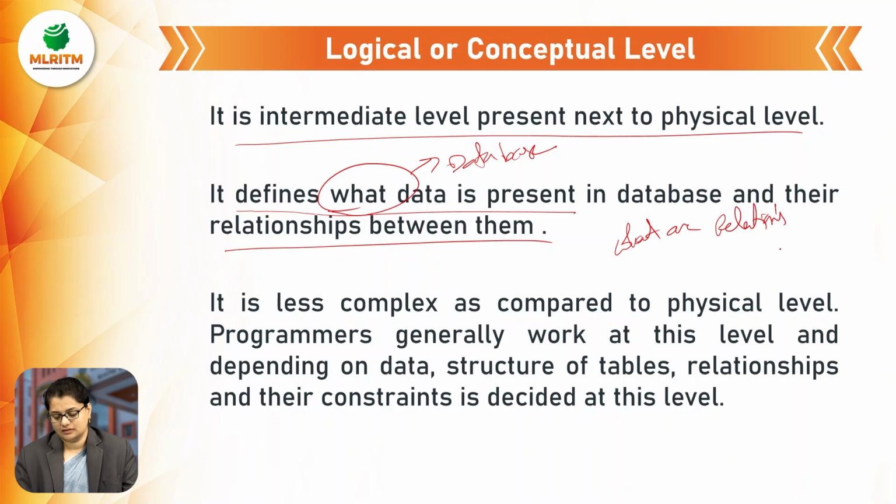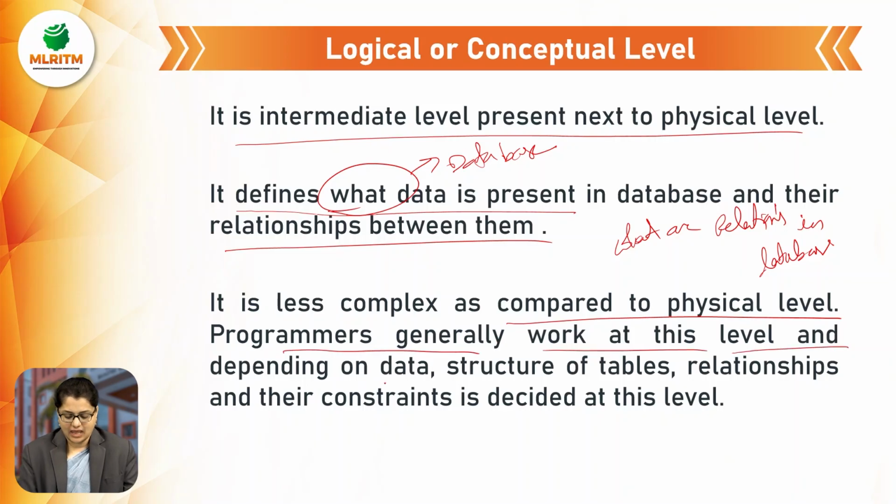What relations we have in the database. It is less complex as compared to the physical level. Compared to the physical level, the logical or conceptual level is very easy. Programmers generally work at this level, and it depends on the data structure of the tables, but the relationships and constraints are decided at this level.